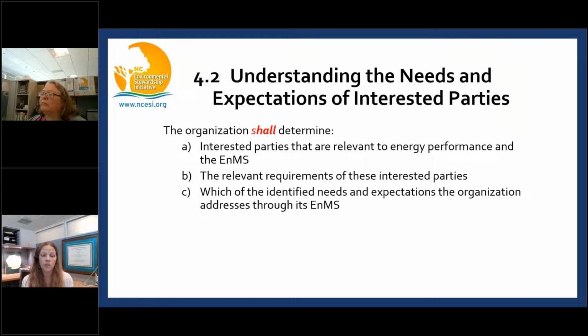It says the organization shall determine interested parties that are relevant to energy performance and the ENMS, the relevant requirements of those interested parties, and which of the identified needs and expectations are addressed through the ENMS.